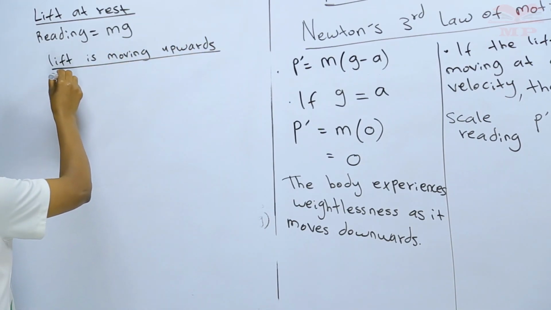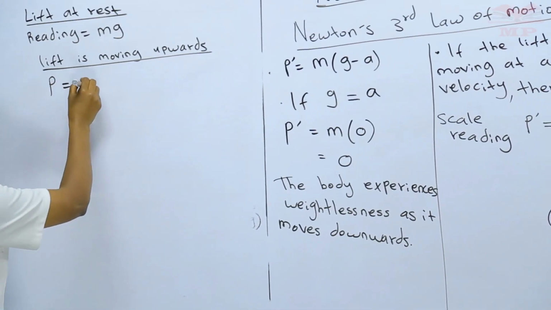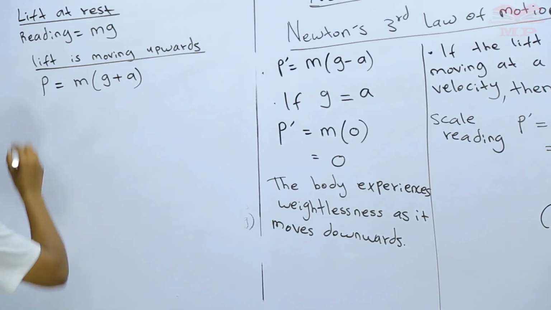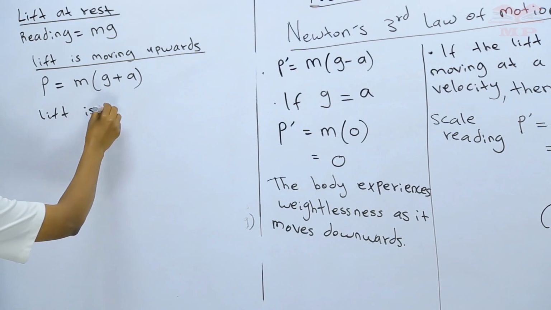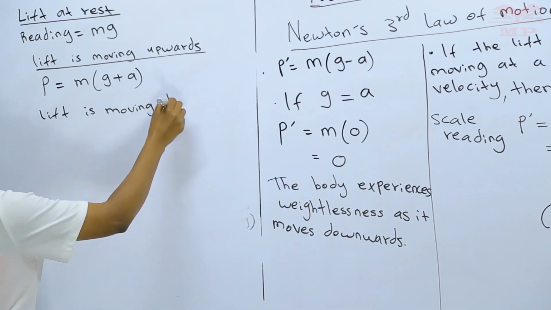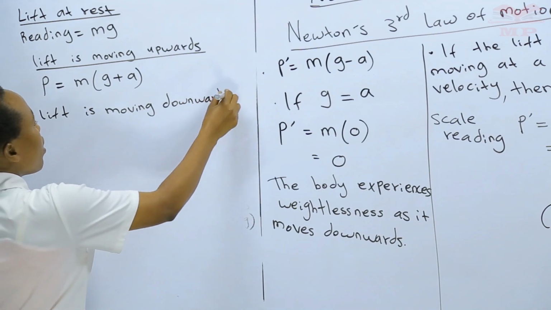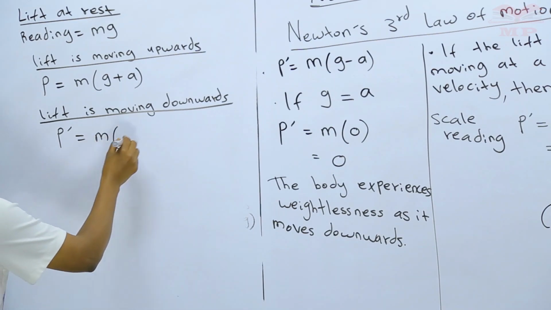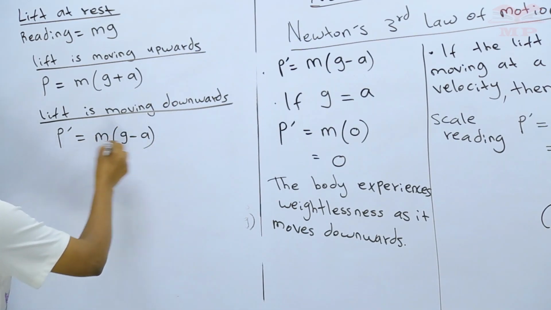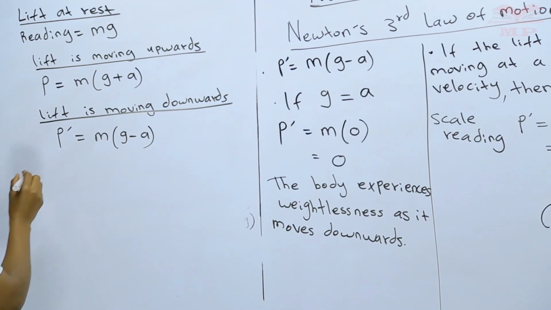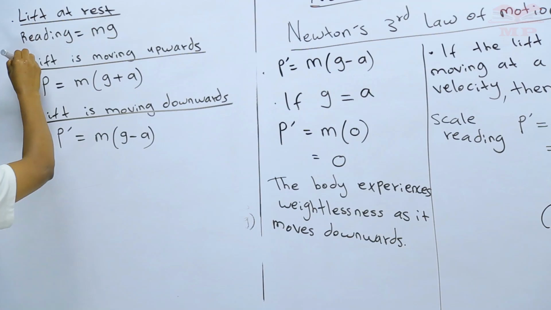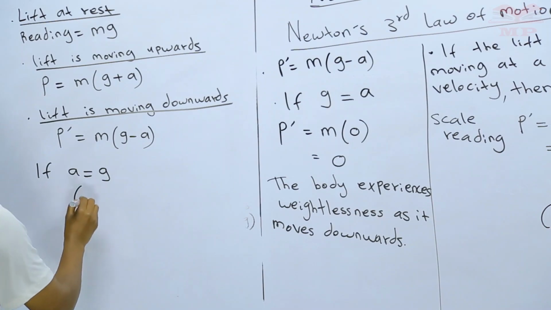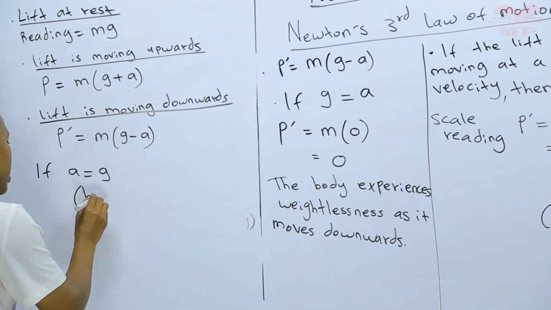We have seen that the reading on the scale will be given by mass times gravitational force plus the acceleration. Then again, when the lift is moving downwards with an acceleration a, we are going to have the reading being mass multiplied by the gravitational force minus the acceleration. Then we have also seen that if a is equal to g, then the body experiences weightlessness.